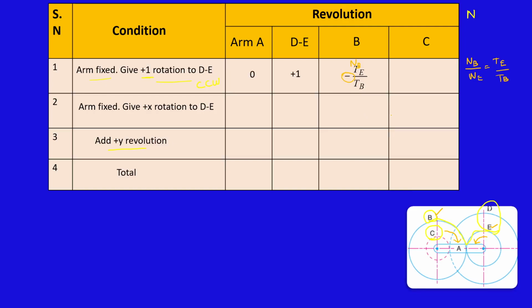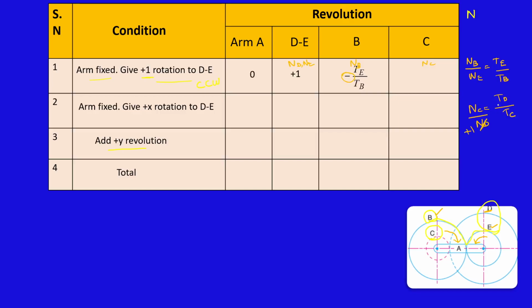So this is minus TE by TB. Next, we need to find the speed of gear C, NC. Gear C touches with gear D, so NC divided by ND equals TD divided by TC. Again, here ND and NE both are 1.